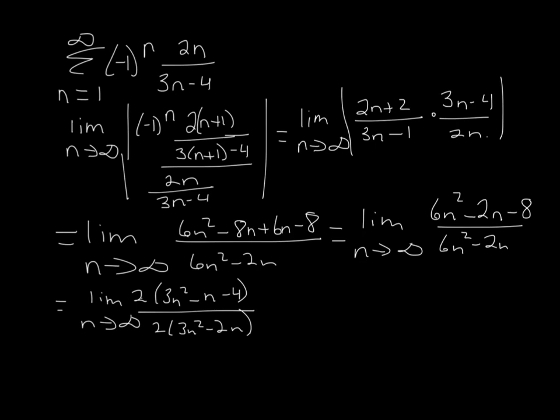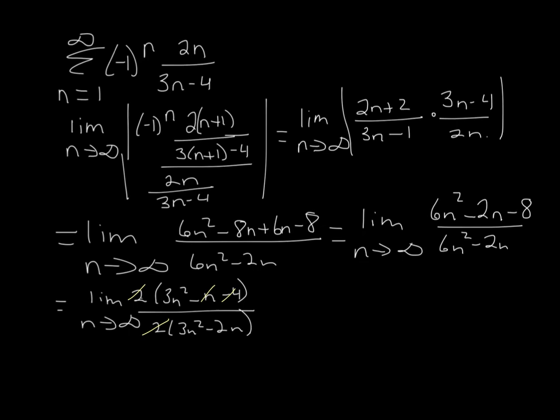And then the next step, other than simplifying 2 divided by 2, there's not really any more simplification that can be done here. So you're just going to be substituting in for infinity, basically. It's kind of like when you find a horizontal asymptote.